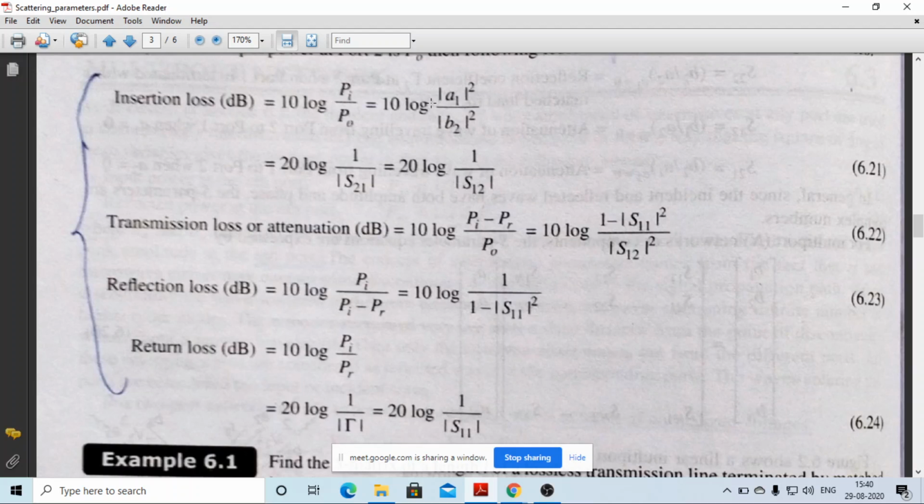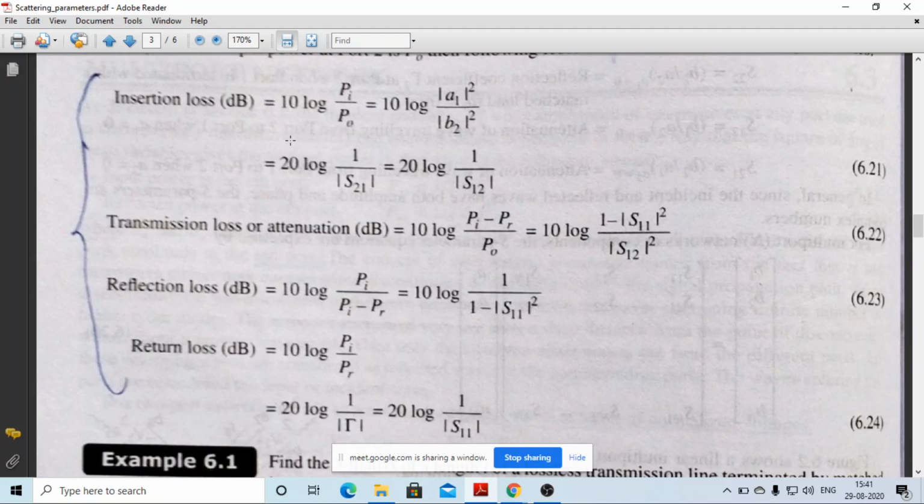Means we are taking that port 1 is the incident and port 2 is the reflected. So A1 square, and P out means it is B2, that is reflection from the second port, because it is traveling from 1 to 2, and 1 by 2 and 1 by 2 is going to be cancelled out. So this can be written as 20 log 1 by S21.